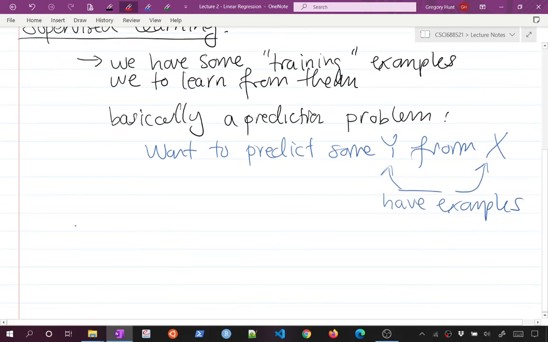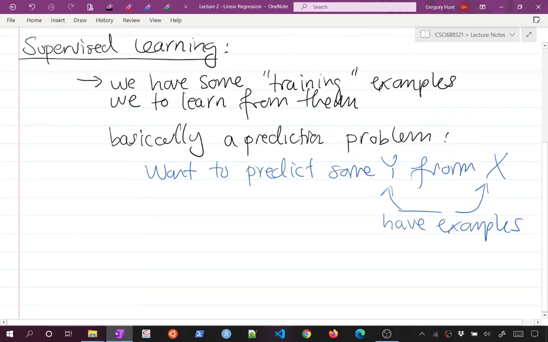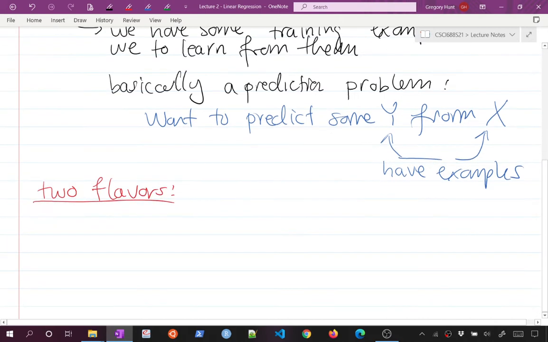So, let me back up, supervised learning has two subproblems, or flavors. Let's call them flavors. And the two flavors of supervised learning are, one, a regression problem. And regression here, I'm going to put scare quotes around it.